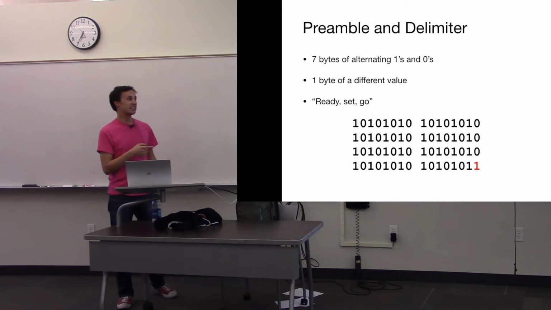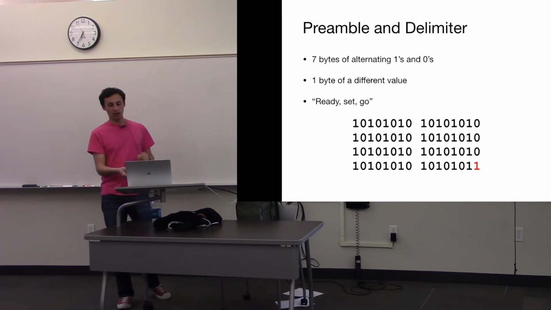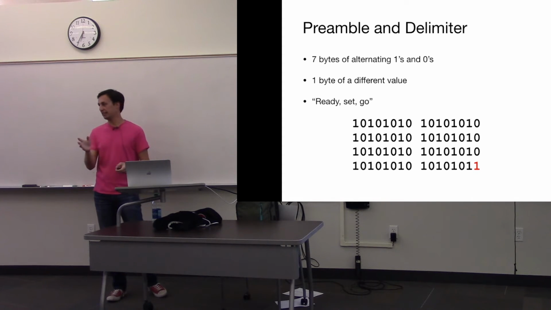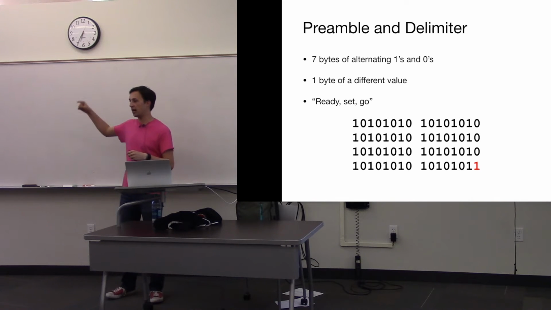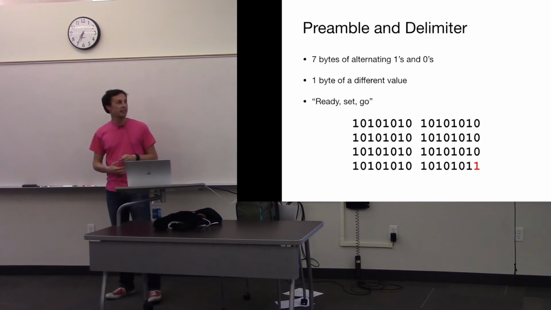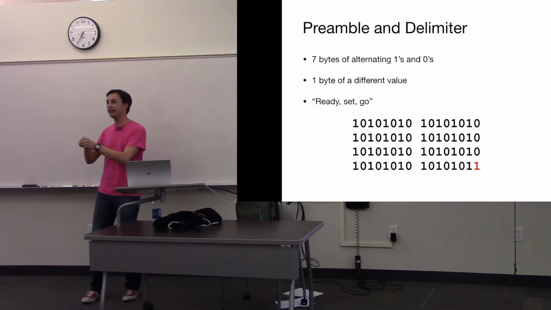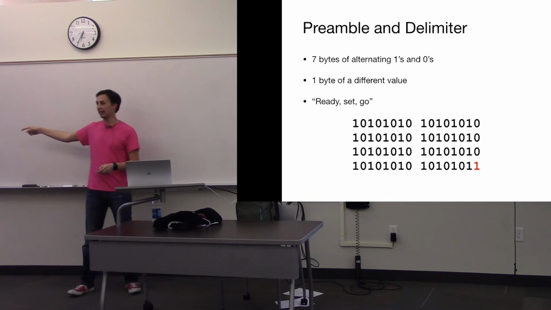That's really useful, though, because it means that at any time along this bit stream, you can jump in. So if you miss the first byte, 2 bytes, it doesn't matter. All you're doing is trying to synchronize to that clock on the wire. And then all of a sudden, you get this 1, and you're like, oh, shoot, the very next bit is the first bit of the actual packet we're trying to receive.